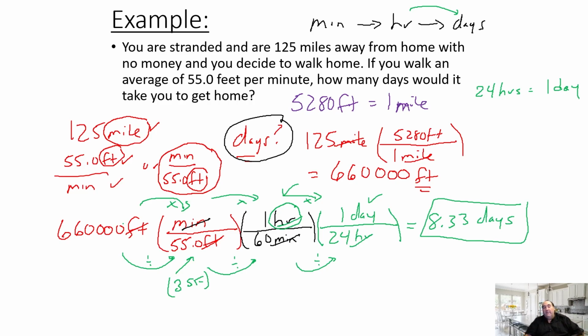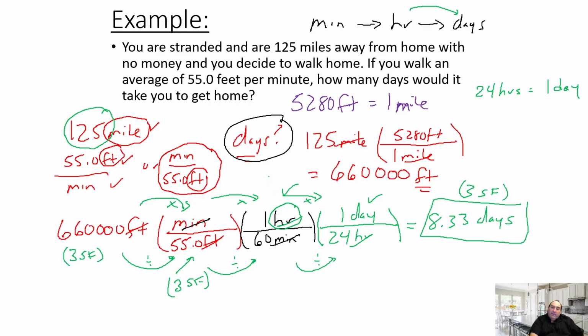Although I have it written like this, it really originated from this number, which technically was 3 significant figures. So if I wrote it in scientific notation, it should be 3 significant figures, which means 3 significant figures for our answer.